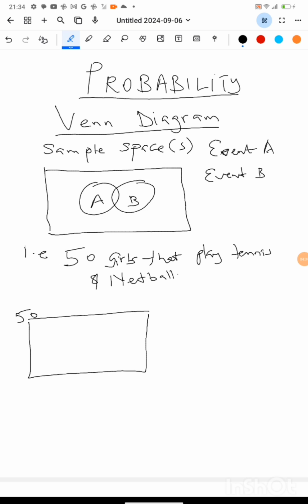But then now you are told that 13 of those 50 girls play tennis, right? And then you're also told that 18 of the girls play netball.